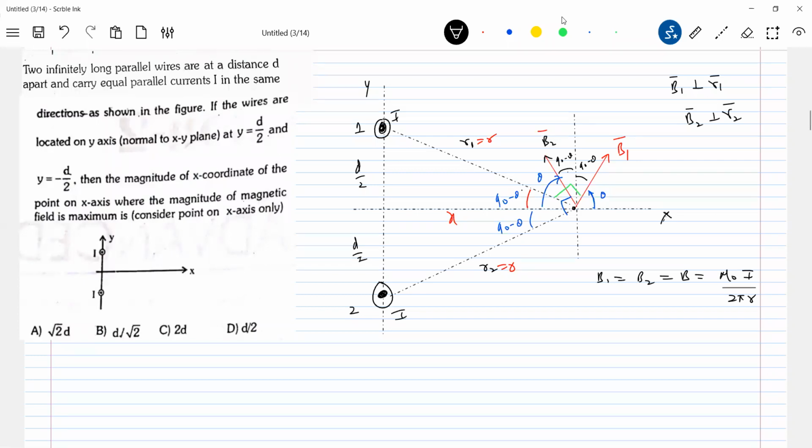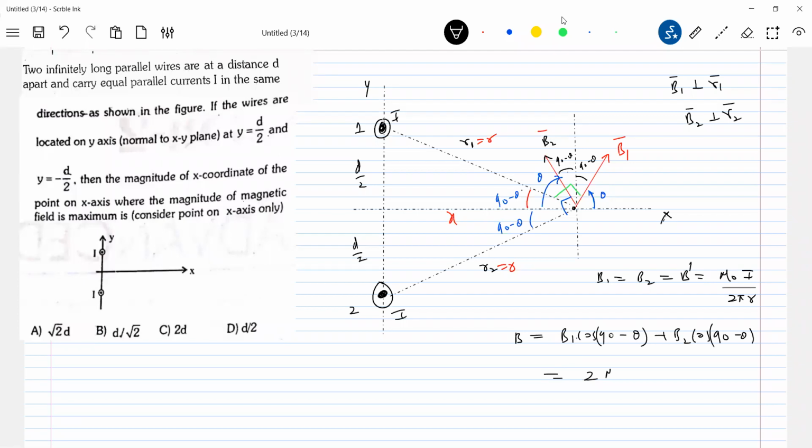So the B bar will be the resultant B dash. So B should be equal to B1 cos of 90 minus theta plus B2 cos of 90 minus theta.